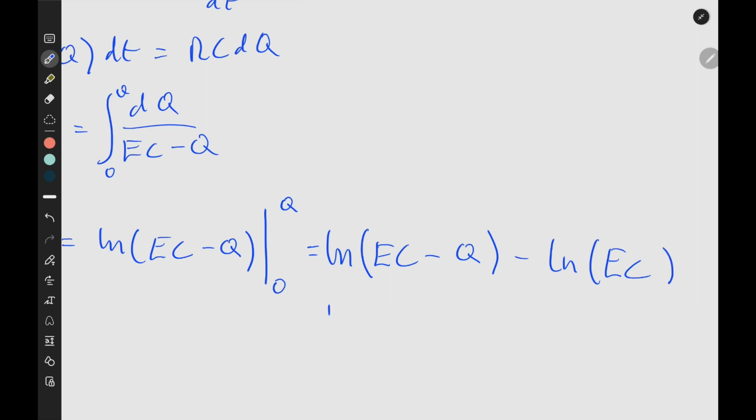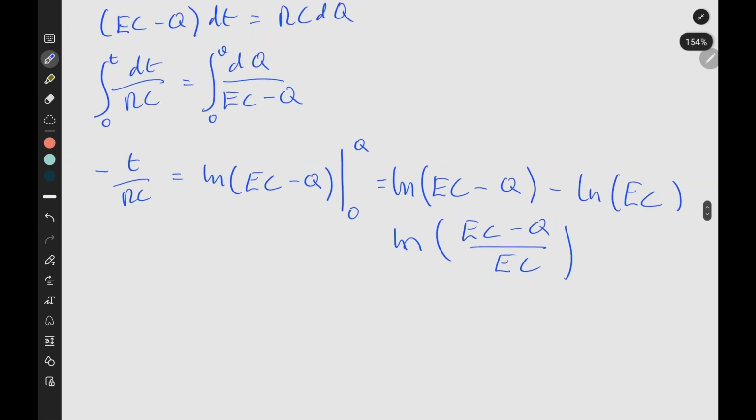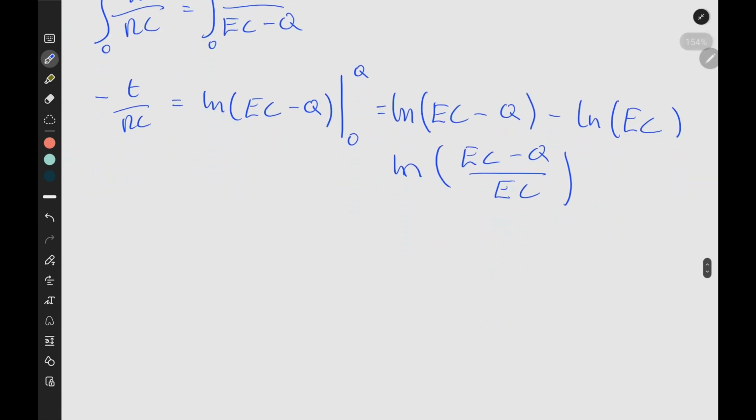Because of how logarithms work, we can write this as ln of (EC minus q) over EC. So we've got negative t over RC equals ln of (EC minus q) over EC.